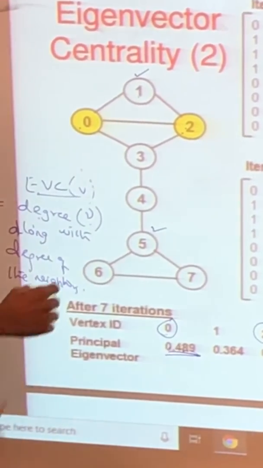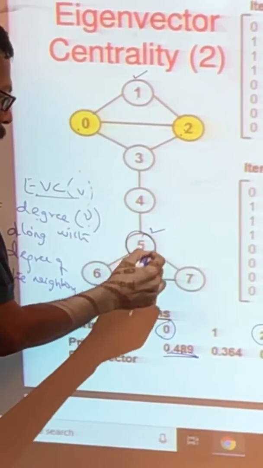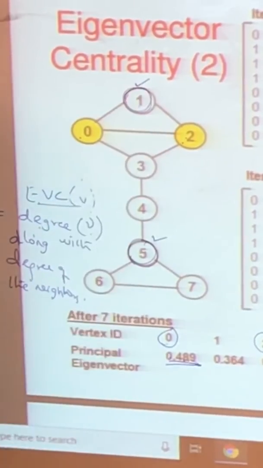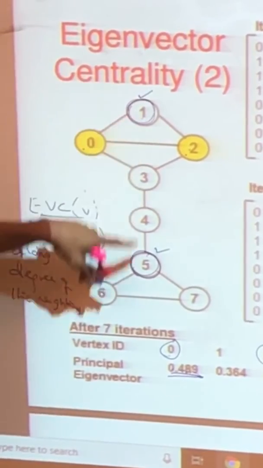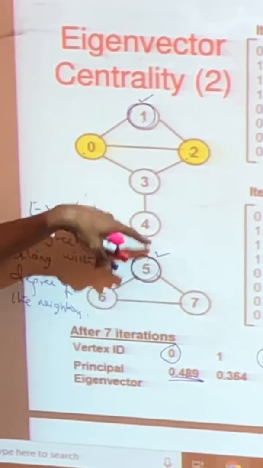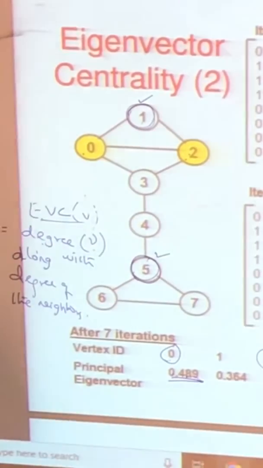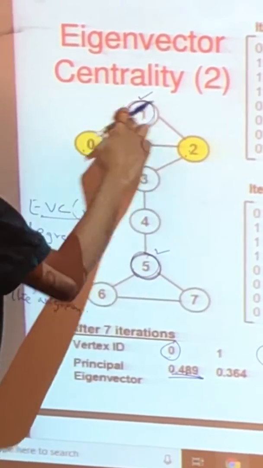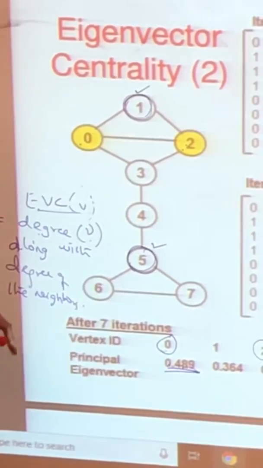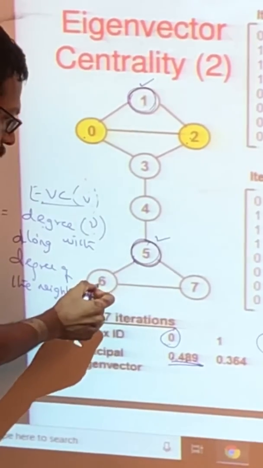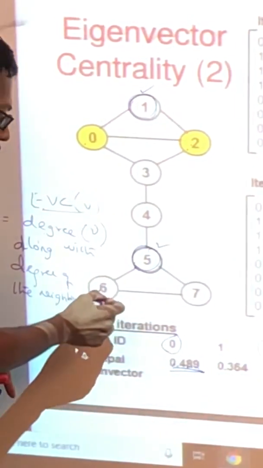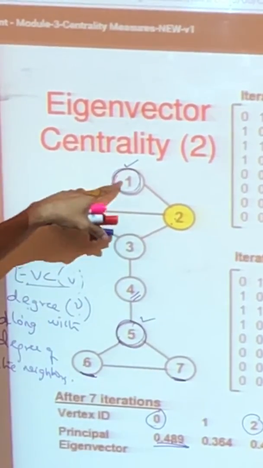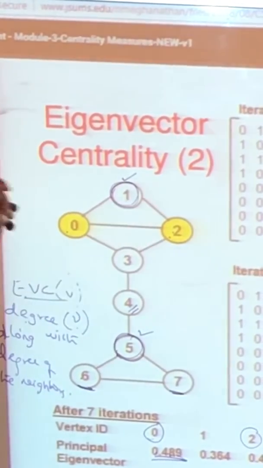So you may think the eigenvector centrality of 5 should be larger than the eigenvector centrality of 1, because 5 has a larger degree than vertex 1. But look at the neighbors of 5 and the neighbors of 1. The neighbors of 5 have what? They all have degree 2. Whereas the neighbors of 1, they have degree 3.